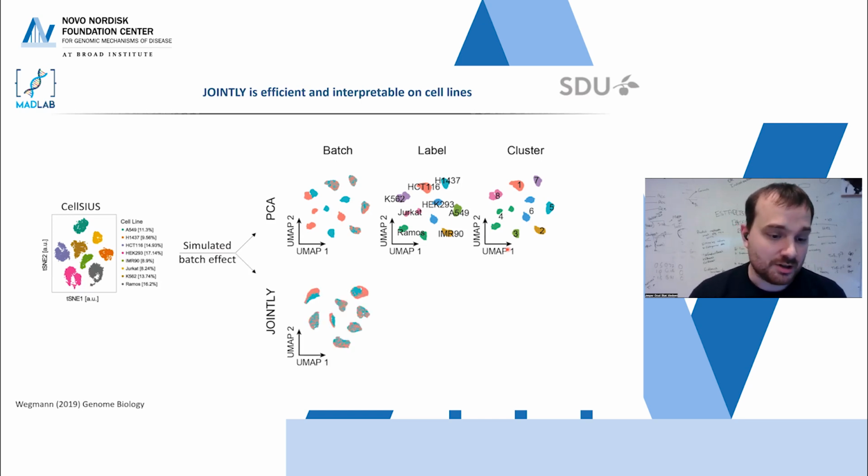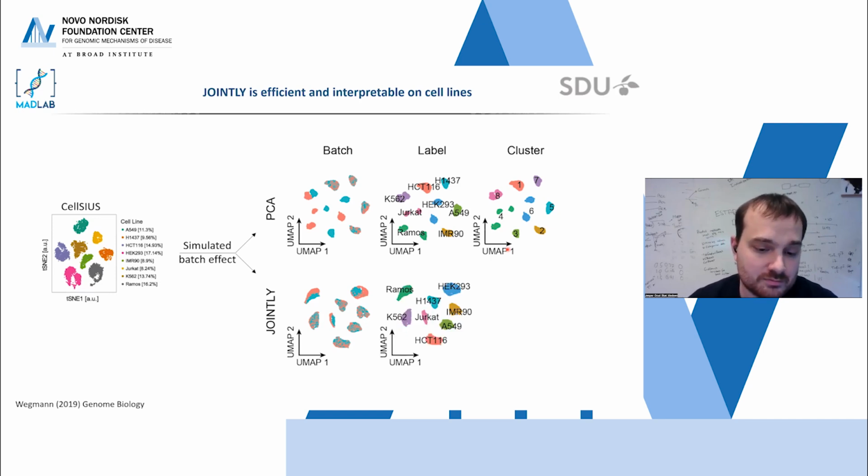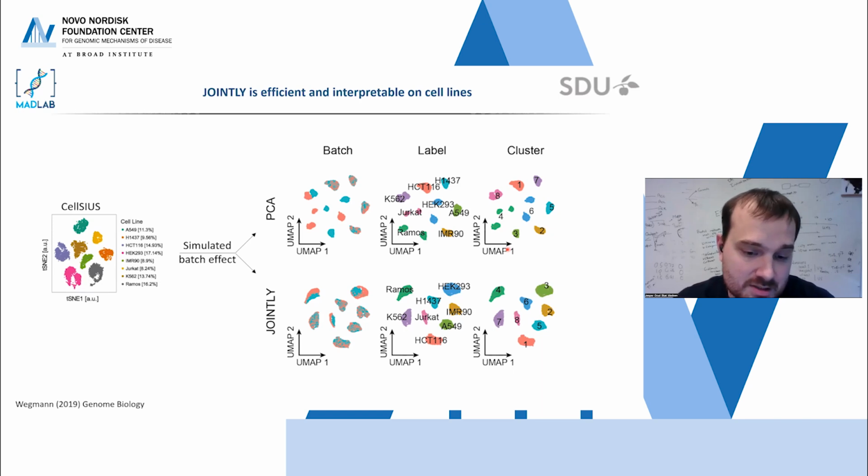Then if we apply jointly to this data set, we can see that suddenly we only have 8 distinct regions in our UMAP space. And these correspond actually perfectly to the cell types in the data set. An interesting feature, if you will, is that we can actually see that cell types with a high batch effect are sort of different, and that will perhaps be important later.